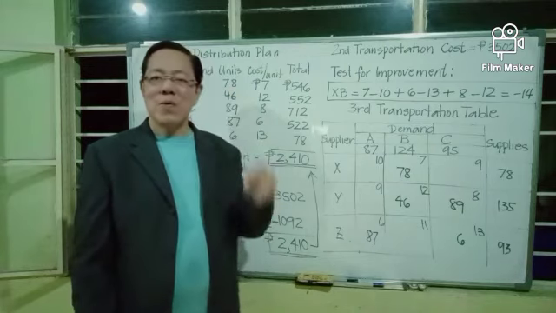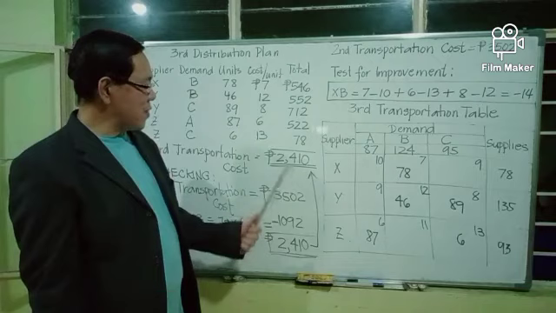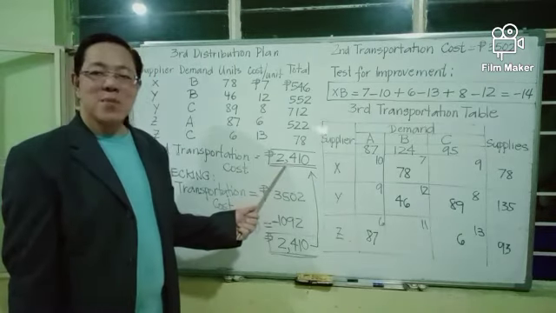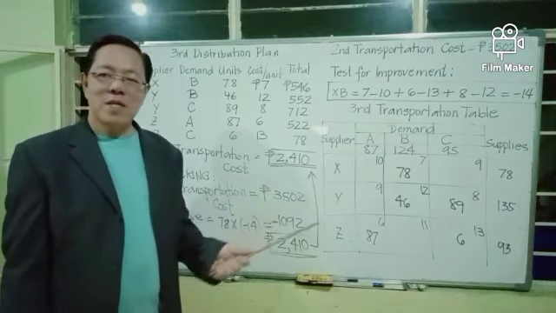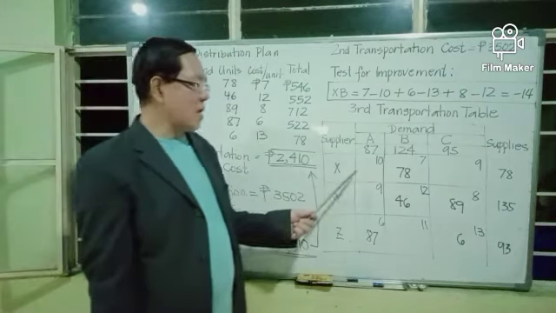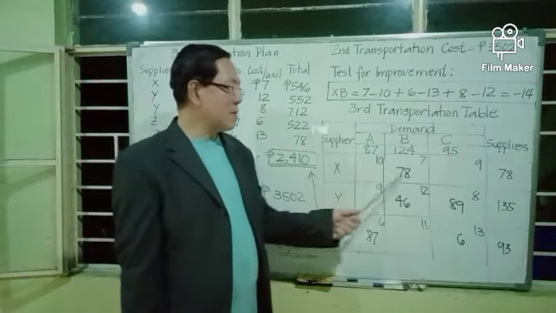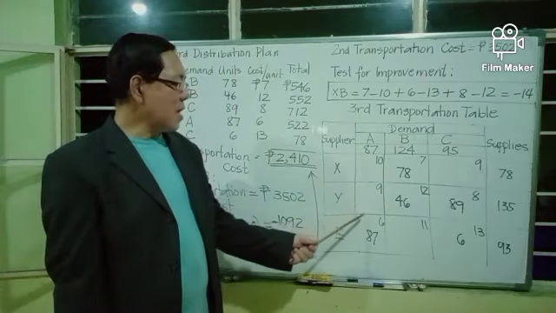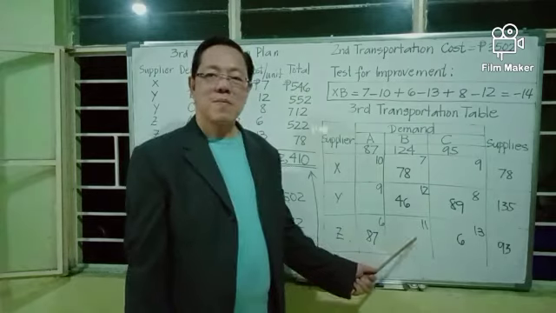Now, we will do again the test for improvement to check if we can still decrease or lower this transportation cost of 2,410. And for the test for improvement, we consider again the vacant cells, this vacant cell XA, XC, YA, and ZB.